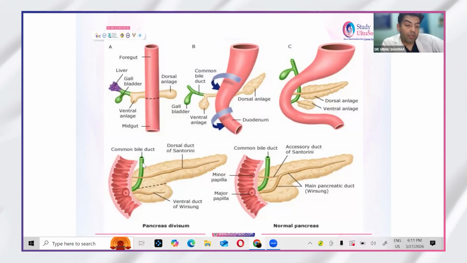This is the common bile duct, which is communicating with the ventral duct, and there is no communication between the two in a case of pancreatic division, whereas in a normal pancreas the minor papilla is opening here, the major papilla is where the hepatopancreatic ampulla is, and the ducts are opening together.